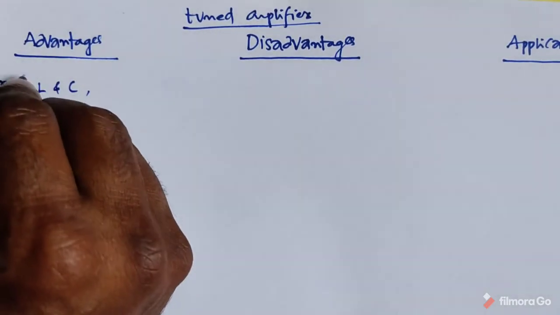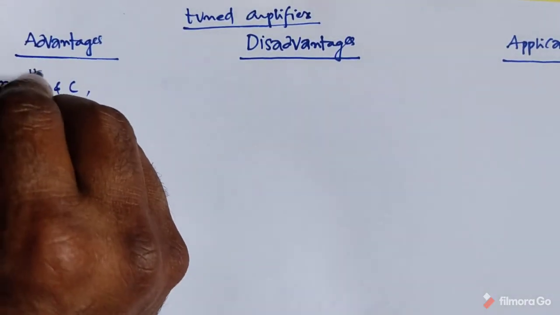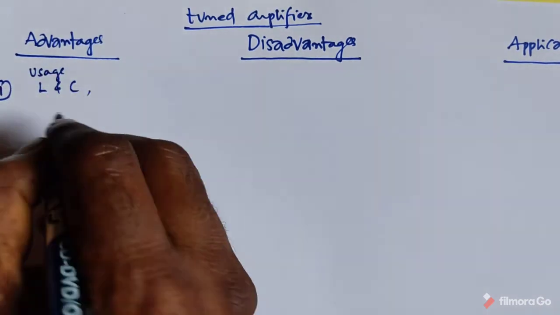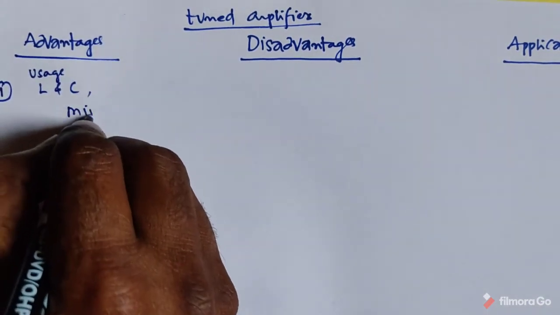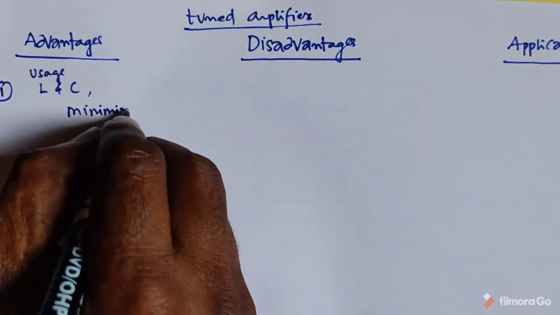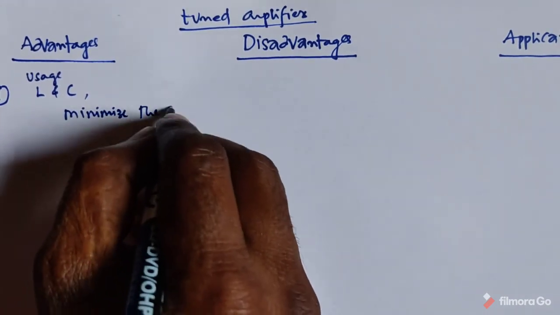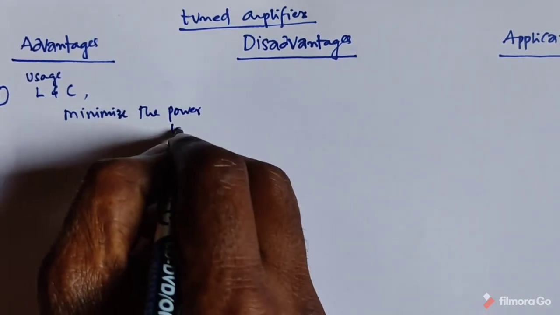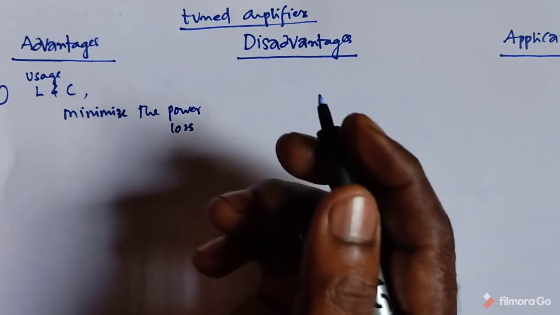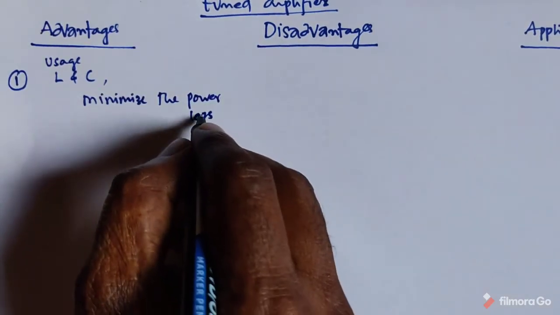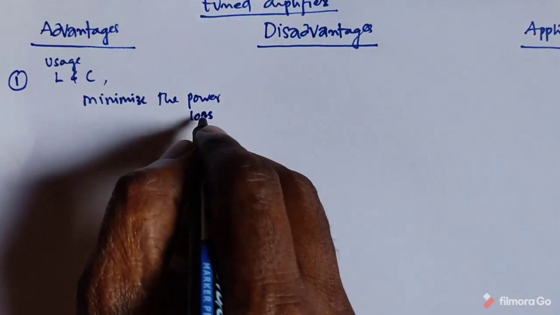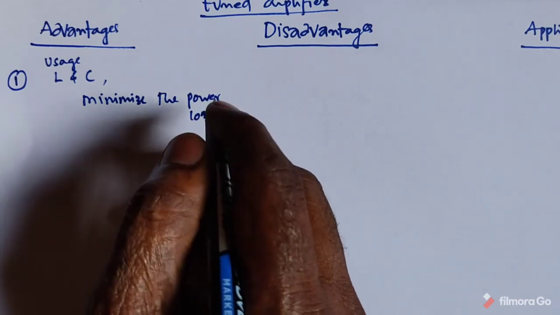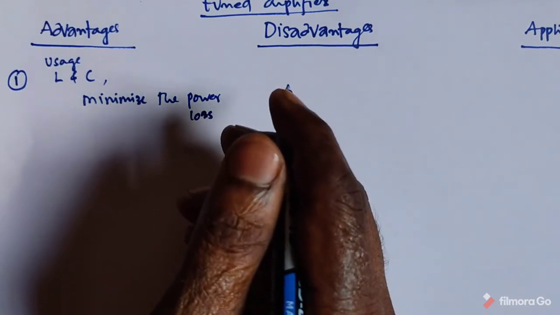Due to the usage of inductor and capacitor, you can minimize the power loss, and it makes the tuned amplifier efficient.